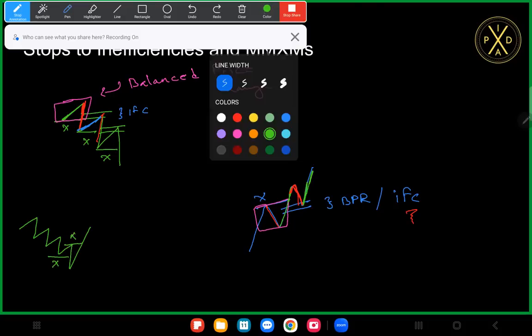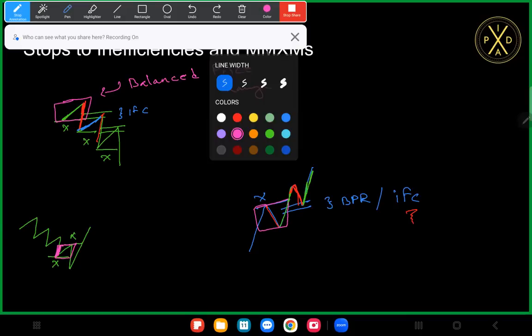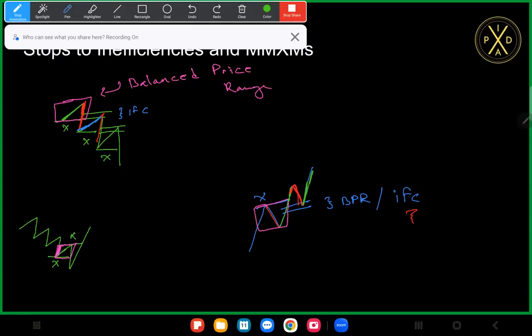Now, using our newfound understanding, what did price just do? Well, price just took out this balanced price range right here, right? So price went up. Let's make that a blue color. So price went up and then it came down within this area. So this pink portion of price is a balanced price range, right? So it should have acted as resistance to send price lower, but instead it gets taken out.